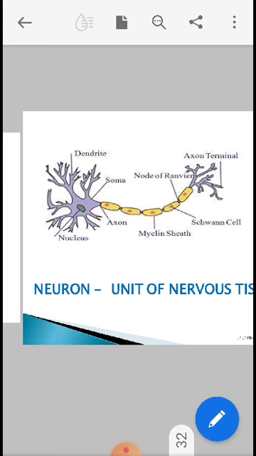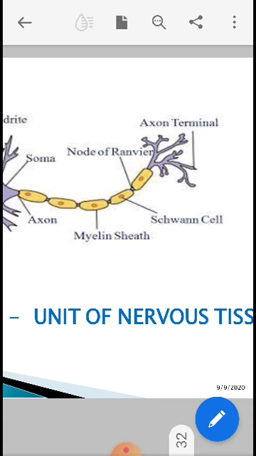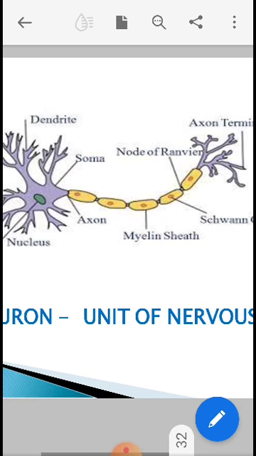Here you can see in this figure, you have to draw this figure in your notebook. If you don't remember the node or the Schwann cells, then it's okay, but you need to remember the myelin sheath, the axon and the axon terminal.